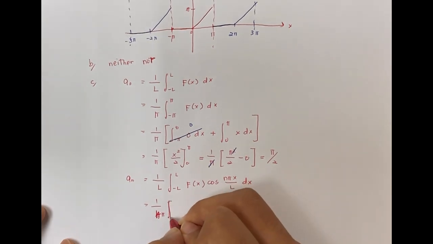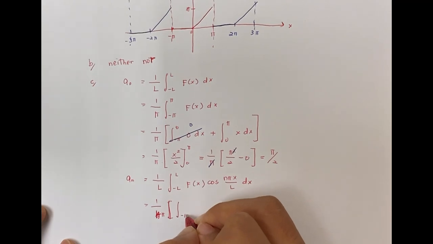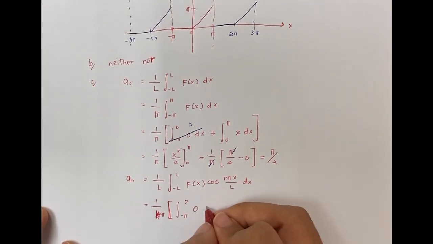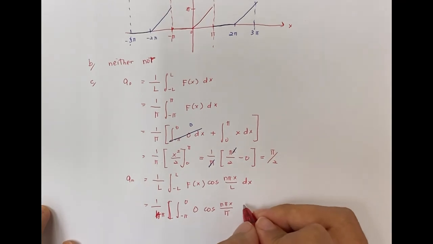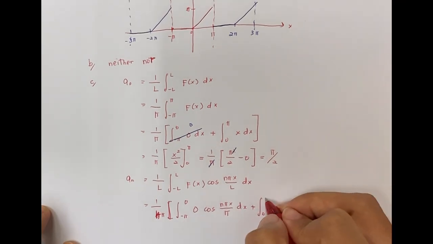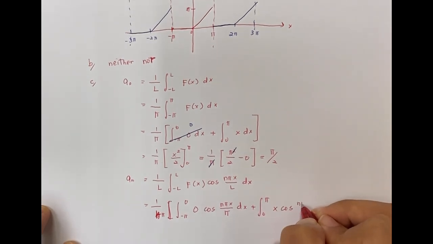Then we have negative pi to 0, f(x) is 0, cos(n pi x over pi) dx, plus from 0 to pi, we have x cos(n pi x over pi) dx.